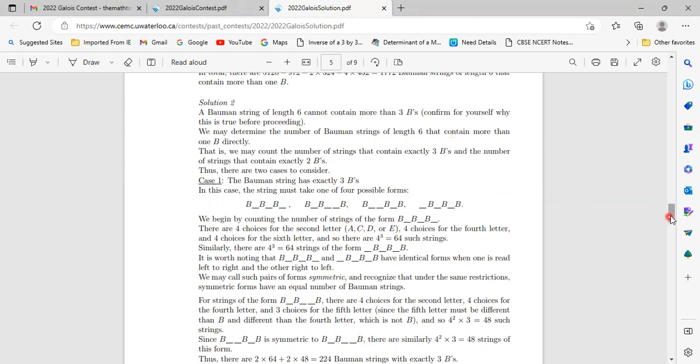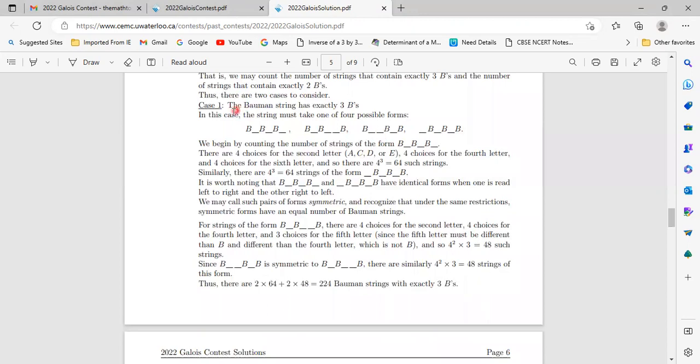Okay, so again, we are drawing a case here. For case 1, we want to choose exactly 3 Bs. Look at the position: B, and the adjacent position is empty, and B, the next position is empty, B and empty. So this is for exactly 3 Bs.